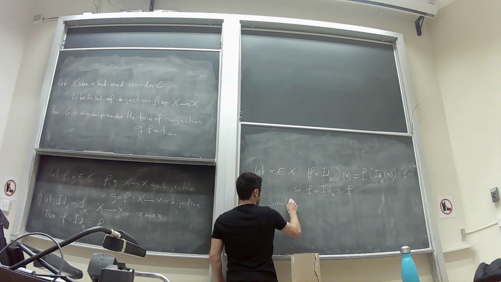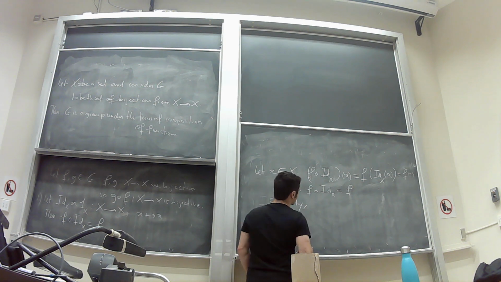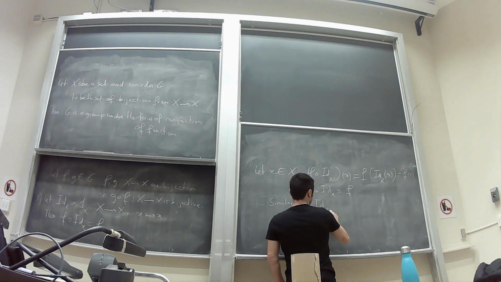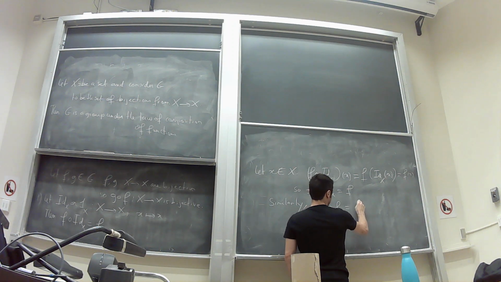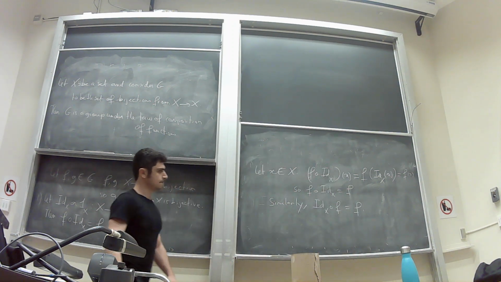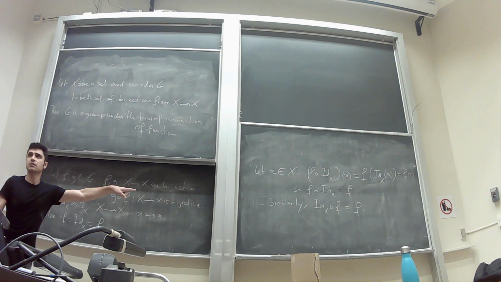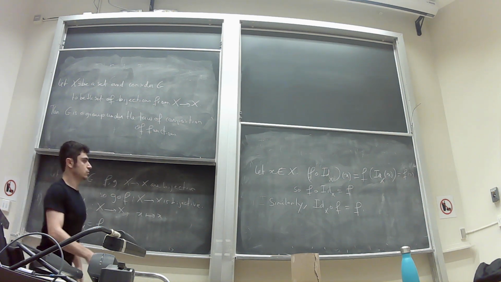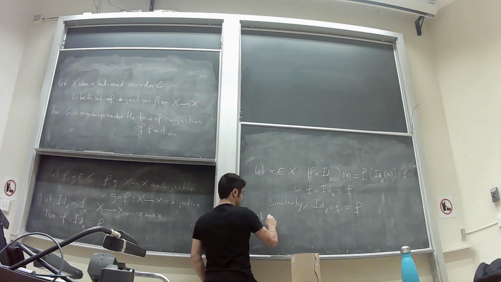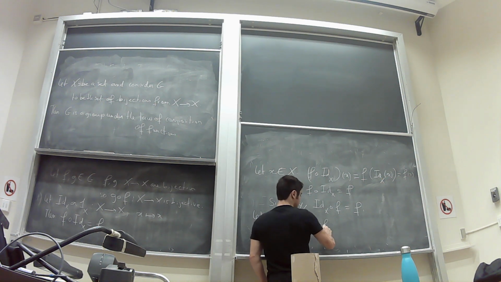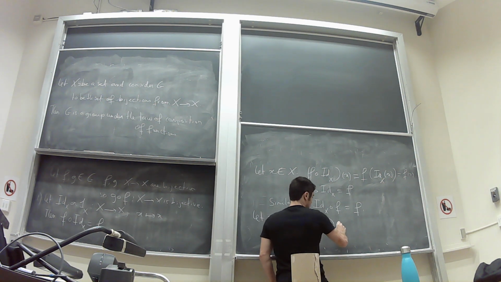Similarly, ID composed with f equals f. Okay? Should I prove this again or it's okay? Yeah, so let x be in X. ID composed with f of x.